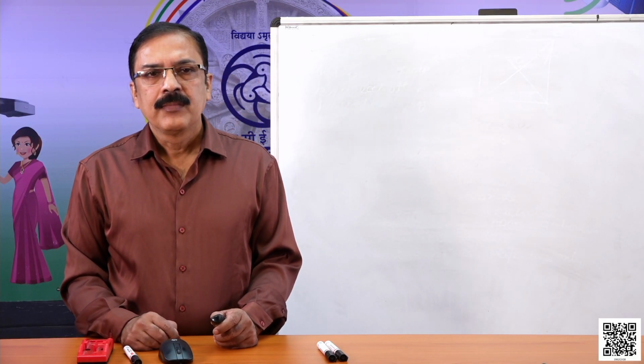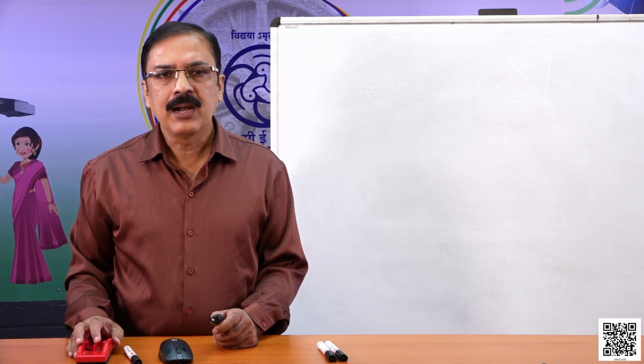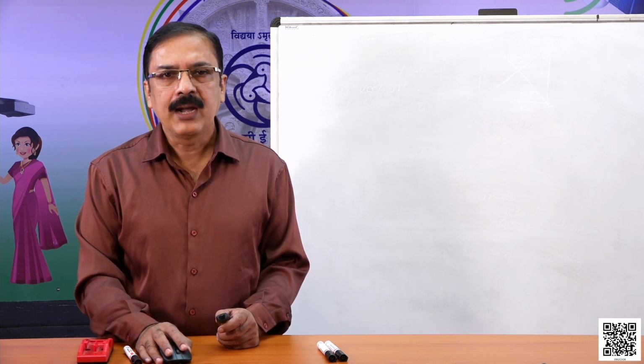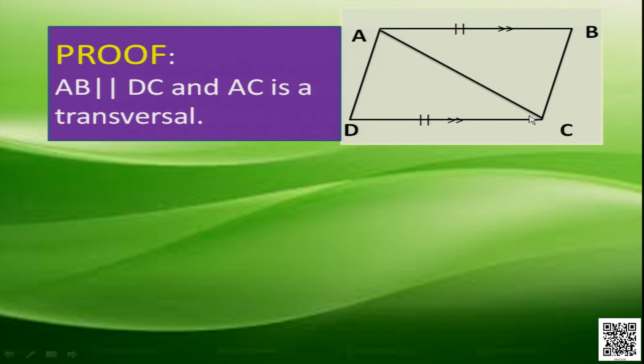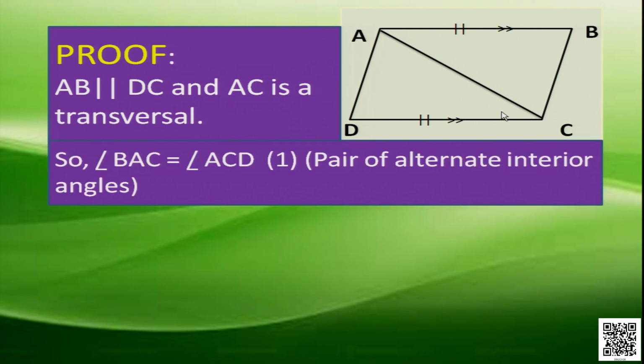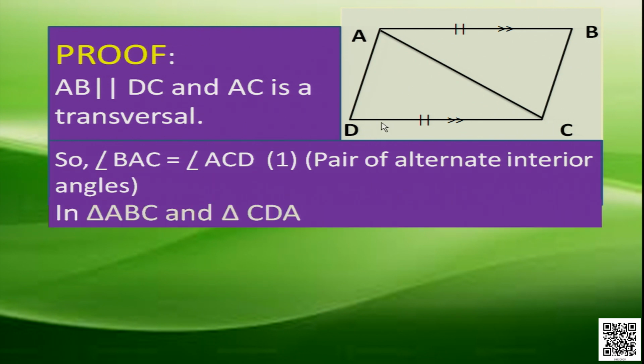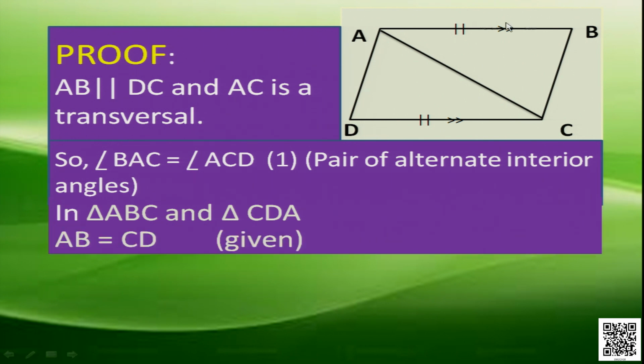Now after drawing this diagonal, how to prove it? AB is parallel to CD and AC is the transversal. So we have the alternate interior angles, angle BAC is equal to angle ACD. Now in these two triangles ADC and ABC, are they congruent? AB is equal to CD, it is given.